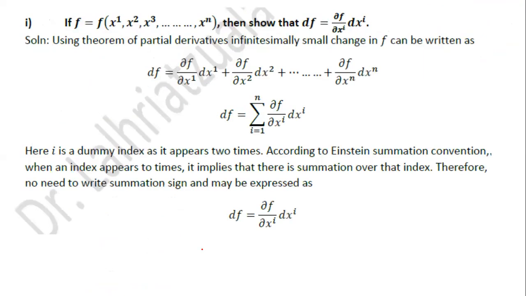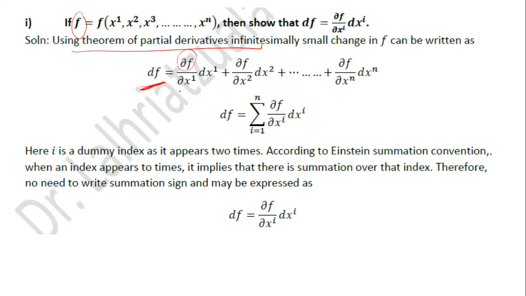And this we don't really need to do. Suppose f is a function of this coordinate system having n number of dimensions x1, x2, x3 to xn. Using the theorem of partial derivatives, if I have a certain quantity which is a function of more than one variable, an infinitesimally small change in that physical quantity can be expressed like this.